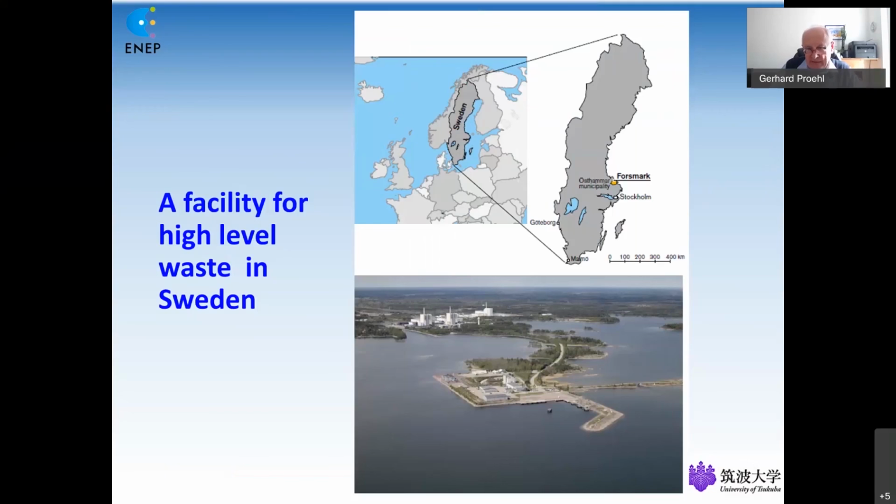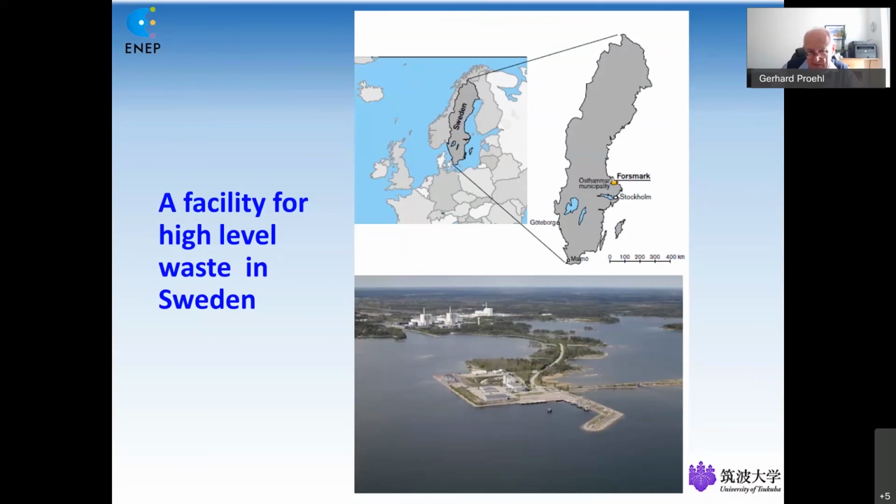This facility is constructed, or will be constructed, in Sweden, in Forsmark. This is the orange part, and Forsmark is on the coast of the Baltic Sea, a bit north of Stockholm. And now you see a picture of the area.